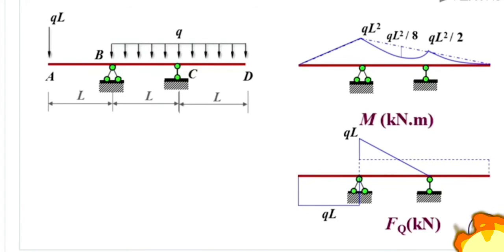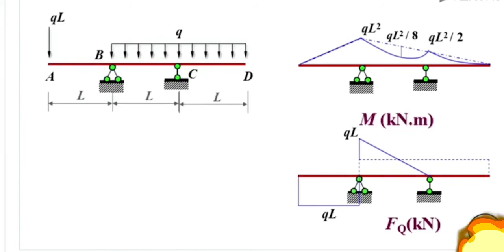Pay attention here, this value is equal to half of QL plus this positive half of QL. So finally, this value here is QL. And for this section, the baseline's value is positive half of QL, and we superimpose this value, which is equal to negative half of QL. So finally, this value here is equal to 0.